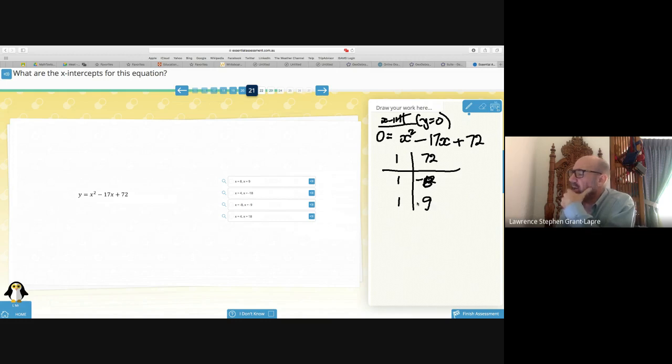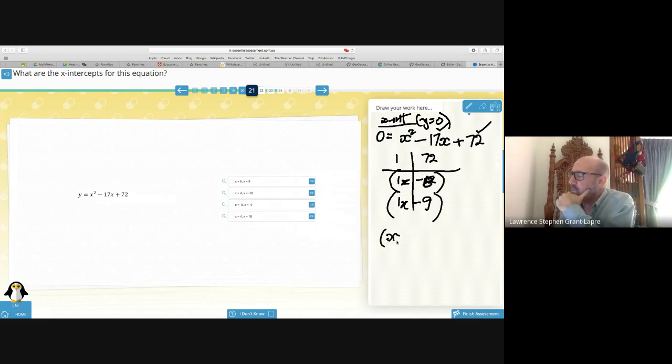We want a negative 8 and a negative 9. So negative 8 times negative 9 equals 72. Negative 8 plus negative 9 equals negative 17. So if we factorize that, we get x minus 9, x minus 8.